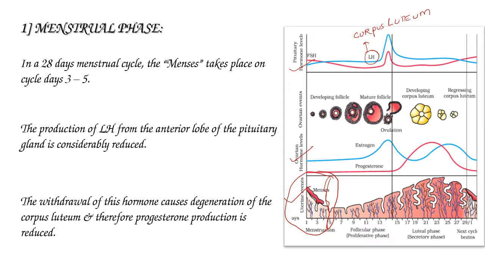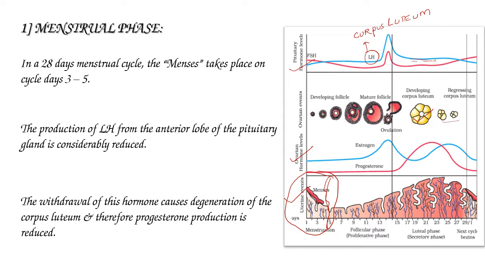The yellow body: ruptured follicles are converted into yellow bodies called the corpus luteum. This corpus luteum degenerates due to the reduction in the production of luteinizing hormone by the pituitary gland.